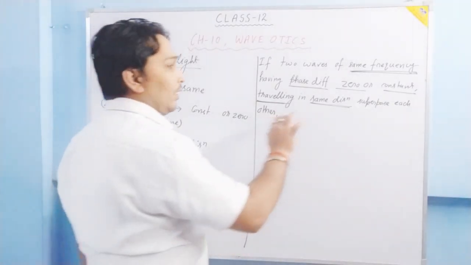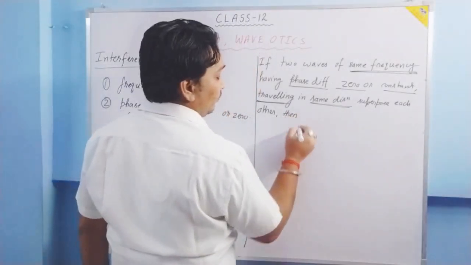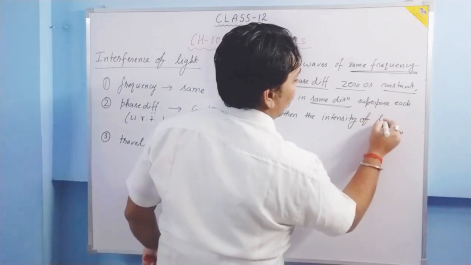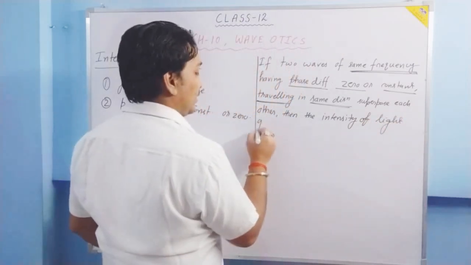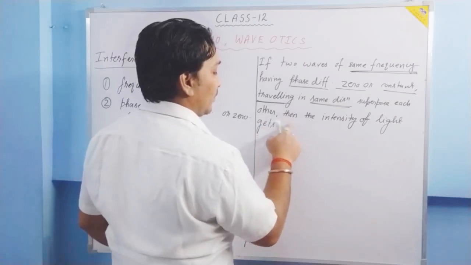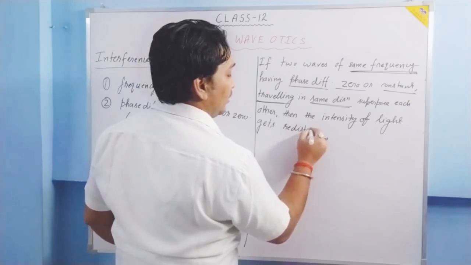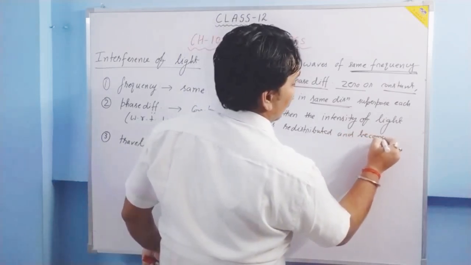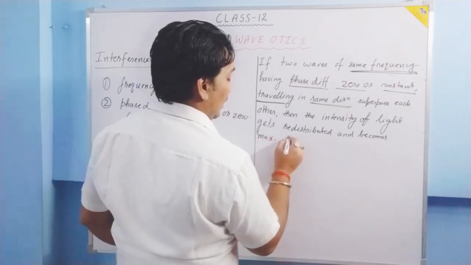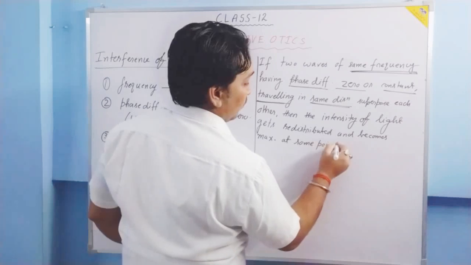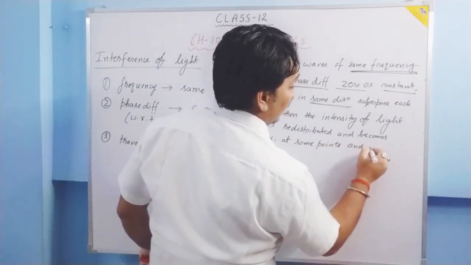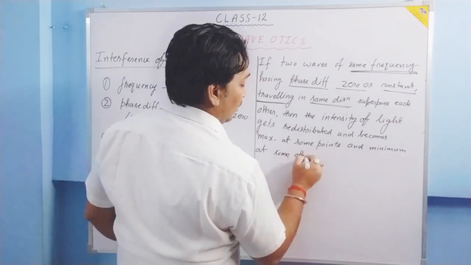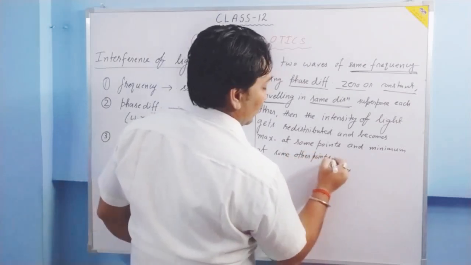Is it clear? Traveling in same direction, superpose each other, then the intensity of light gets redistributed and becomes maximum at some points and minimum at some other points. Full stop.